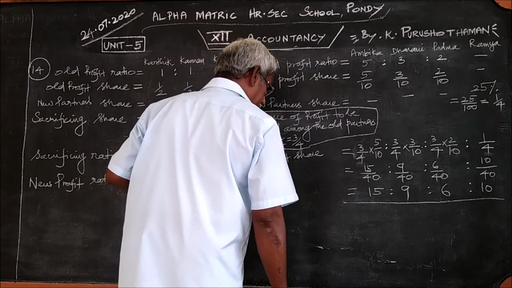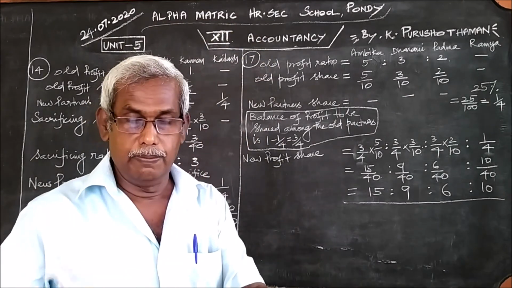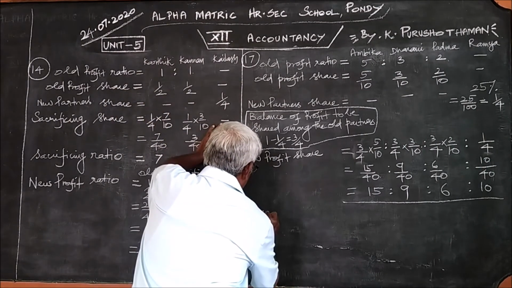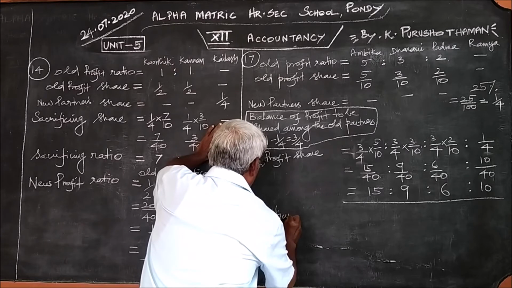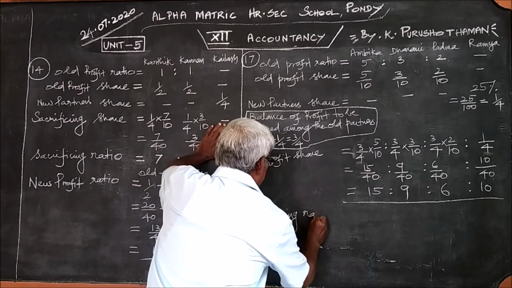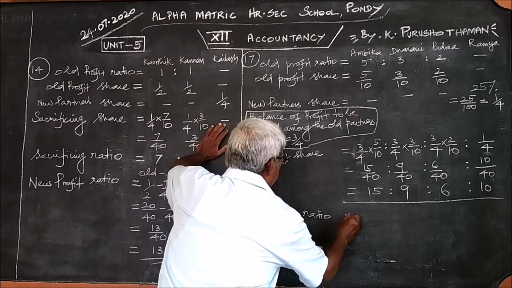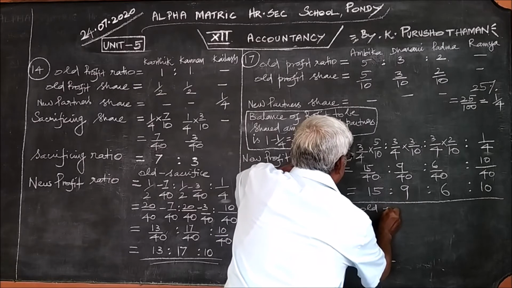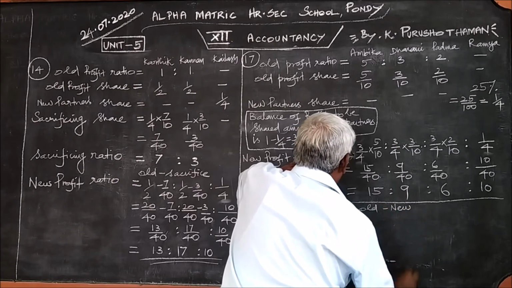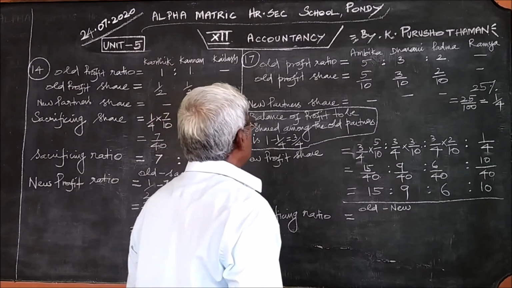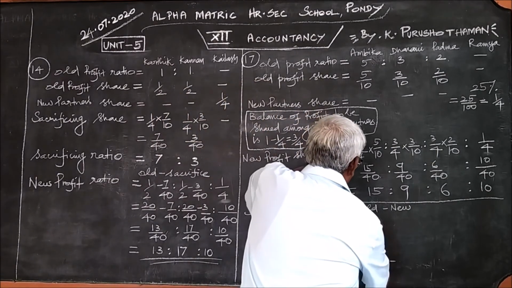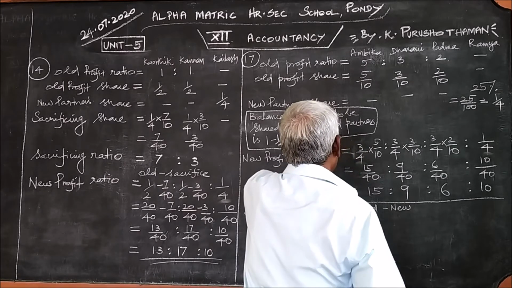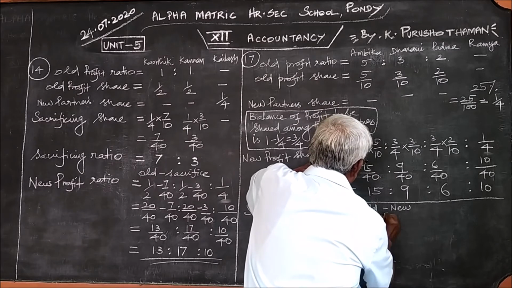Now how to find the sacrificing ratio? This sacrificing ratio can be found out by old minus new. What is the old profit share? 5 by 10 minus new, 15 by 40.